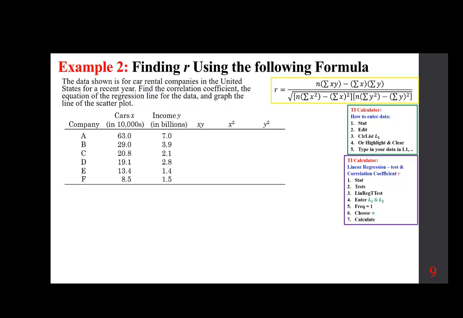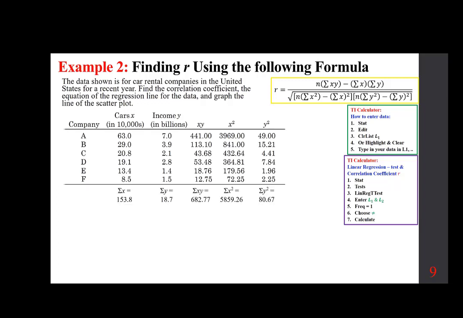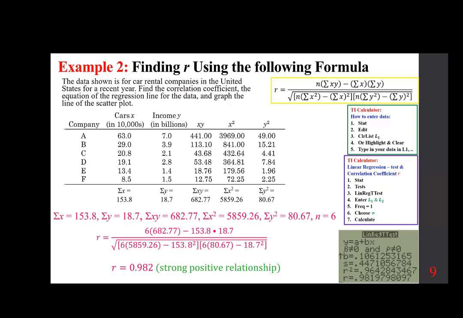So as you can see, the x and the y, by the way, we had done this before, just to refresh your memory. Add up the x columns, the y columns, then multiply x by y, square x, square y, add them up. So that's what we get for those columns. And so add them up, put it into the r formula, and you probably remember that. r is 0.982.